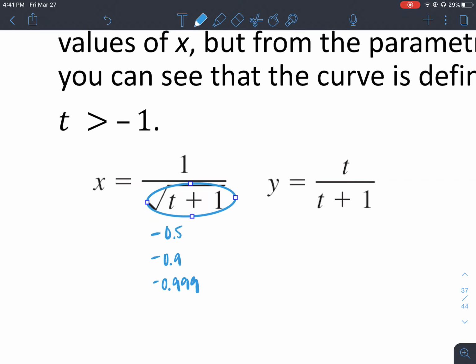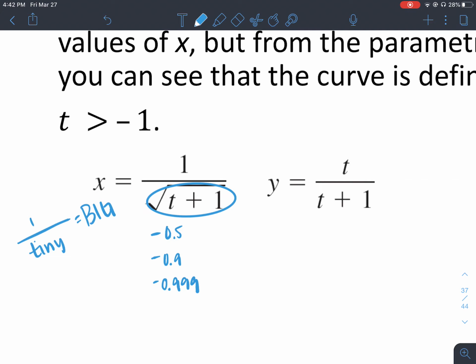If your denominator is getting really small, what is your x value getting close to? Think about 1 over the tiniest number you can think of. That's going to be a really, really large number. So as t is getting close to -1, our x value is going to be getting really, really big. It's going to go off to infinity.